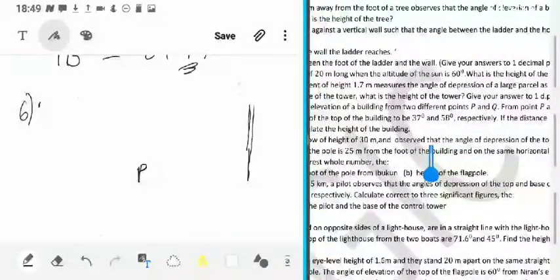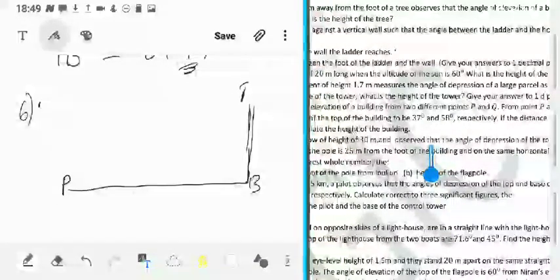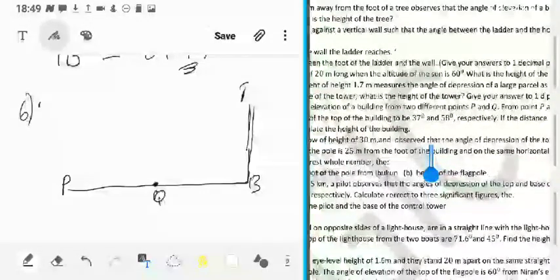So if this is the building, this is the top, and this is the bottom. This is the first point, where his leg stepped first. Let me join this point to this point, and this is the second point, Q.